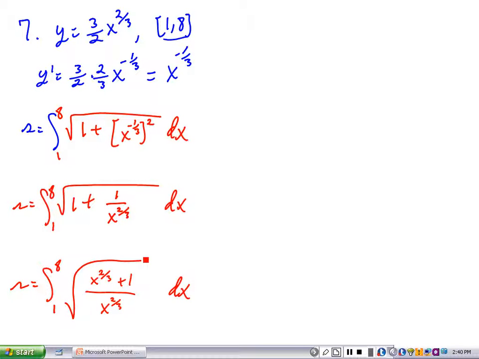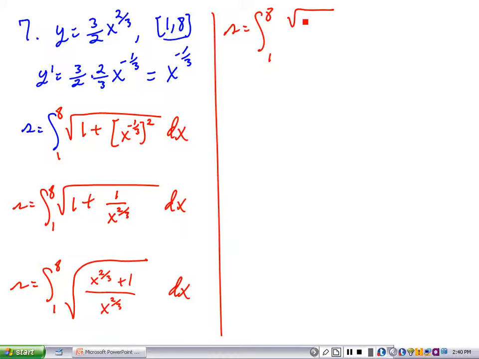Better. Now let's keep working. S is equal to the integral from 1 to 8. Up top we have the square root of x to the 2/3 plus 1, and down below this is just x to the 1/3 power, dx.